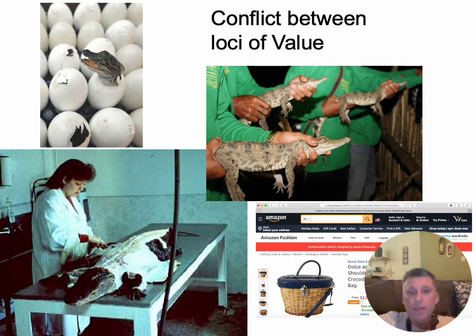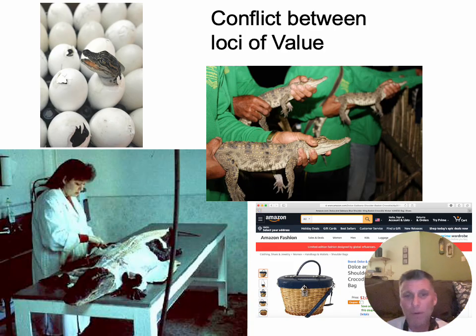And an important point in this is that you can't have it all ways. There are cases where our emphasis on the value of one of these kinds of things supersedes our emphasis on others. An example of that is when we talked about crocodilians, right?